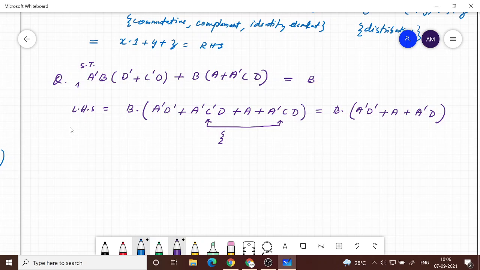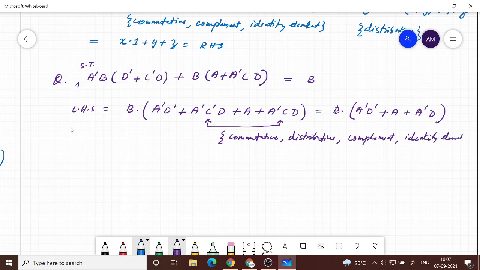First of all, I used commutative to interchange the order of the terms, and then I used distributive for B as well as here for A dash D. Then C plus C dash I said it is 1, so there I used the complement definition, and then that 1 dot A dash D, I said it is A dash D, so that is the definition of identity element.